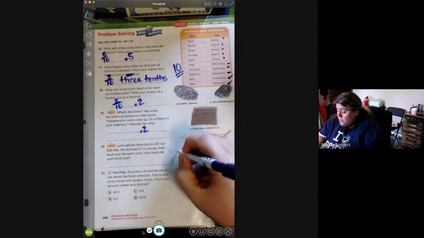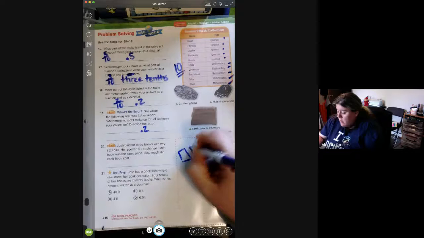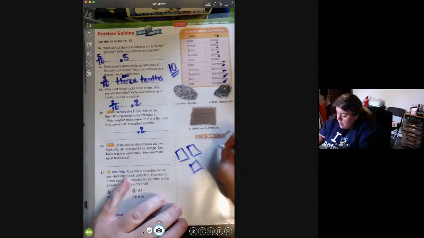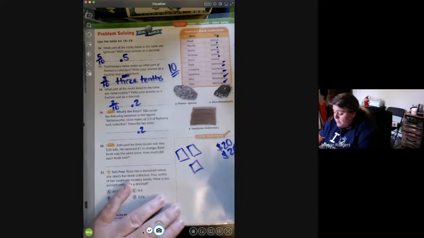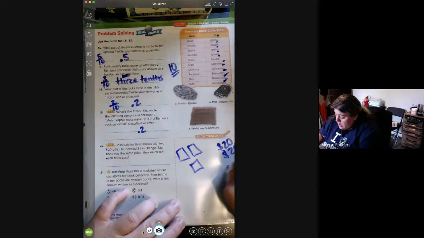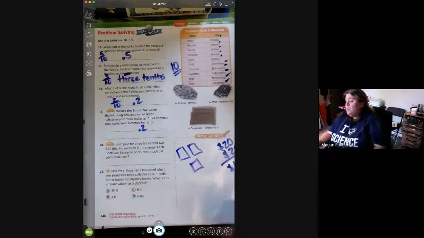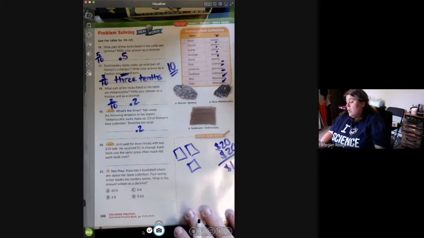So we know he bought 3 books. He paid with 2 $20 bills, and he got $1 change. So we have to figure out how much each book cost, but they don't tell us.